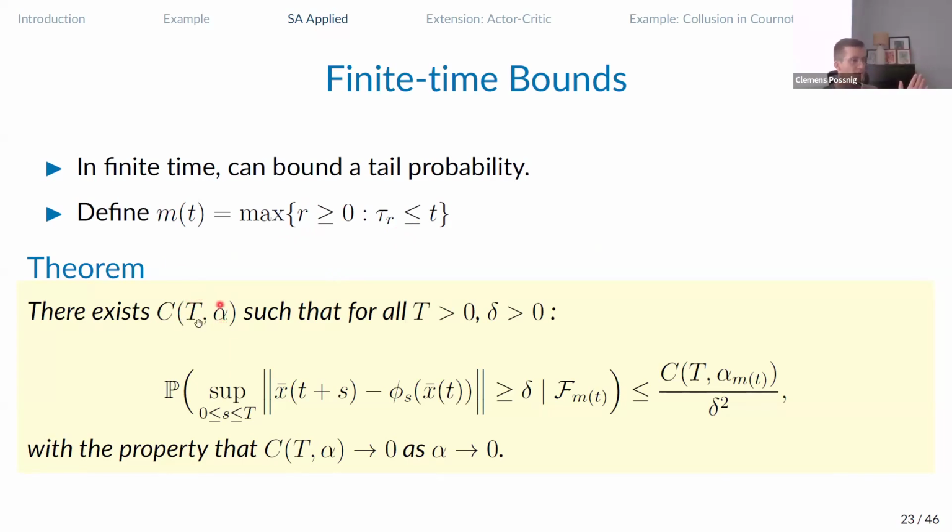There's a function C of t and alpha such that for all capital T and all delta, the probability that our algorithm x bar is delta-shadowing this ODE solution, conditional on the initial information of the algorithm at m of t, is upper bounded by a Chebyshev inequality with C of T in the numerator. And C of T has this nice property that it converges to 0 as alpha converges to 0.